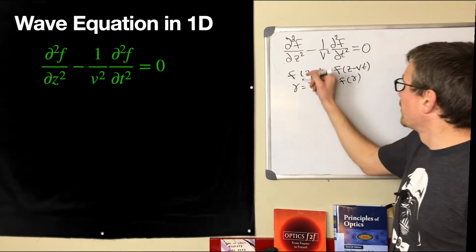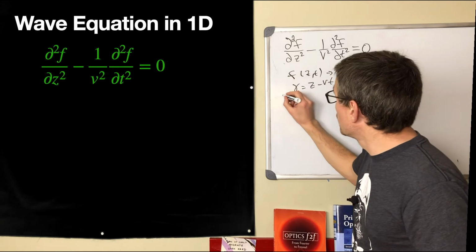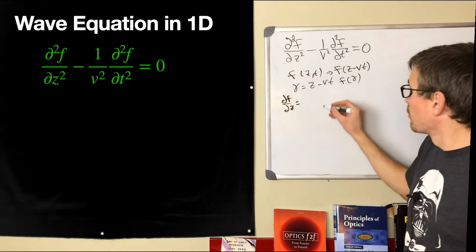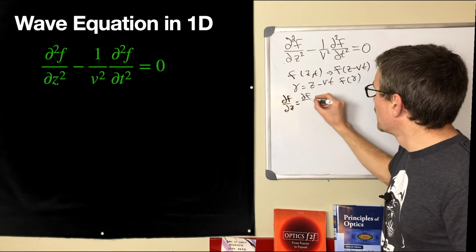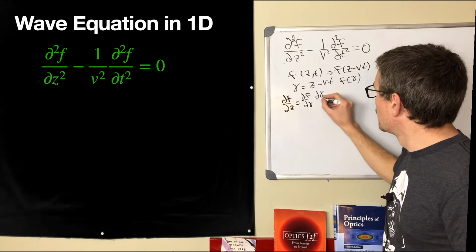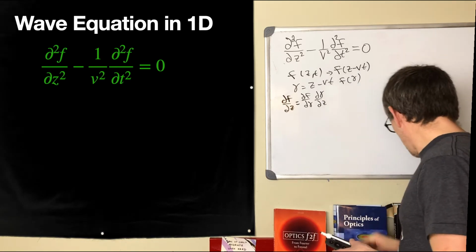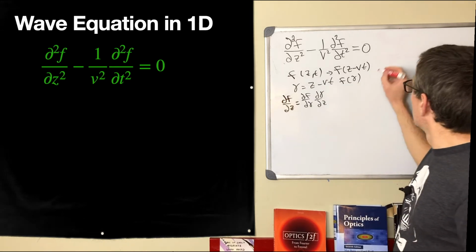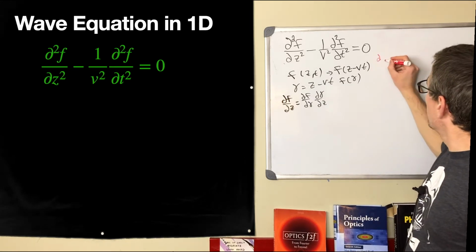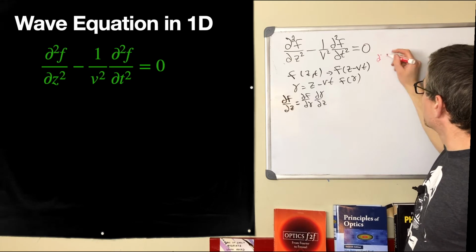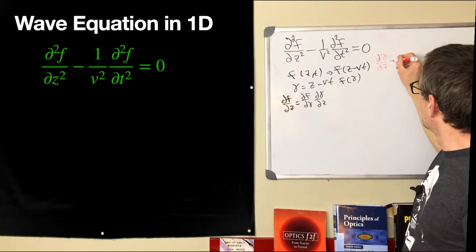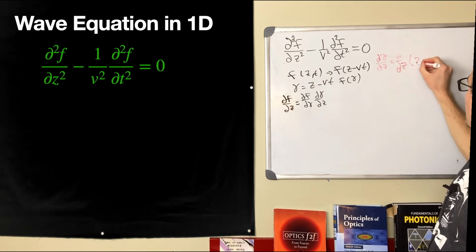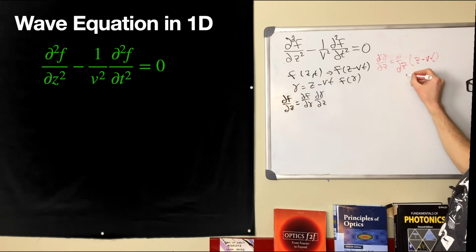So how are we going to do this? Let's look at df by dz. From the chain rule, we have df by d gamma times d gamma by dz. d gamma by dz is just equal to d by dz of z minus vt, that's equal to 1.